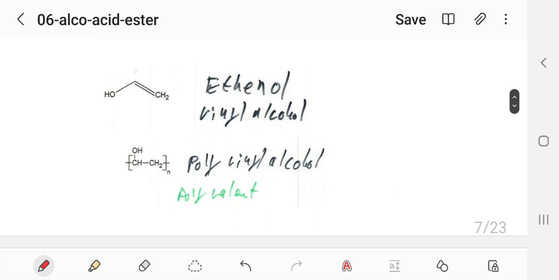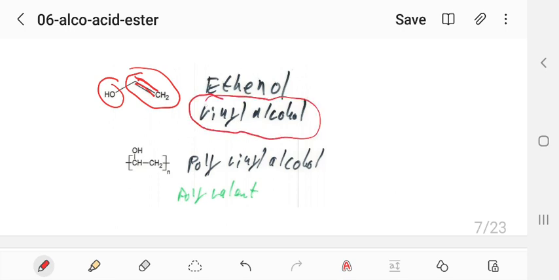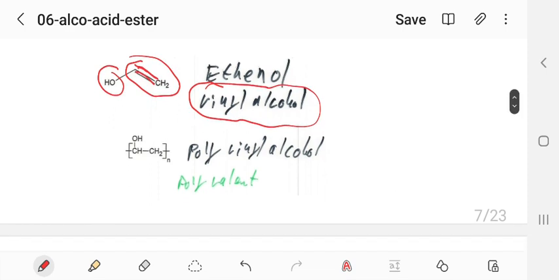This one is an ethene because it has the double bond and it's made of 2 carbons, and it has the hydroxy group, and therefore it's an ethenol, but the common name is vinyl alcohol, and it's commonly used in the textile industry as well, as a solvent to create some synthetic textiles.